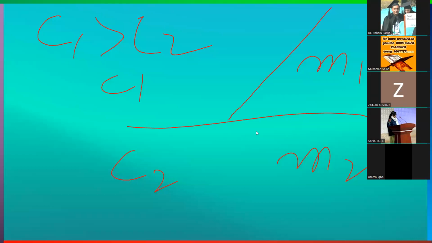For example, this is the incident sound wave, this is a reference line, and this is the transmitted sound wave. In this condition, if c1 is greater than c2, meaning the speed of sound in medium 2 is smaller, then the deviation of sound wave will be towards the normal, right? Then this angle will be smaller than this angle.